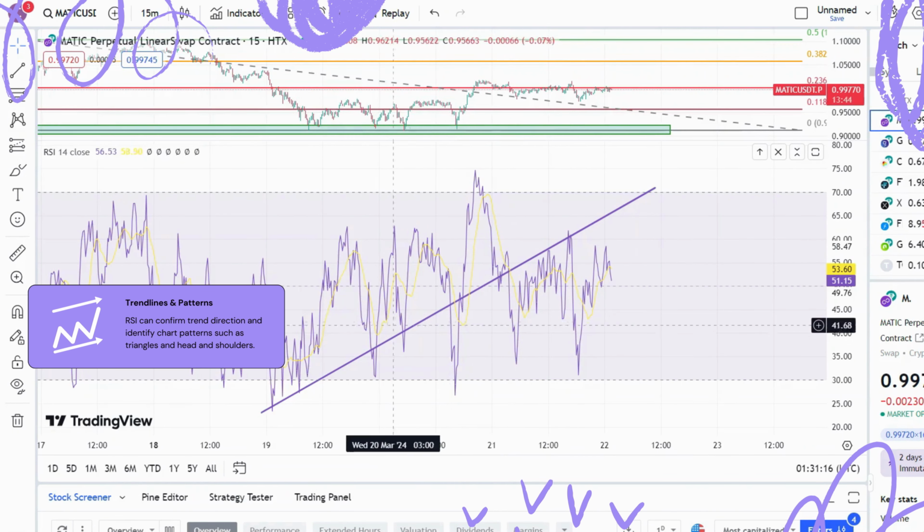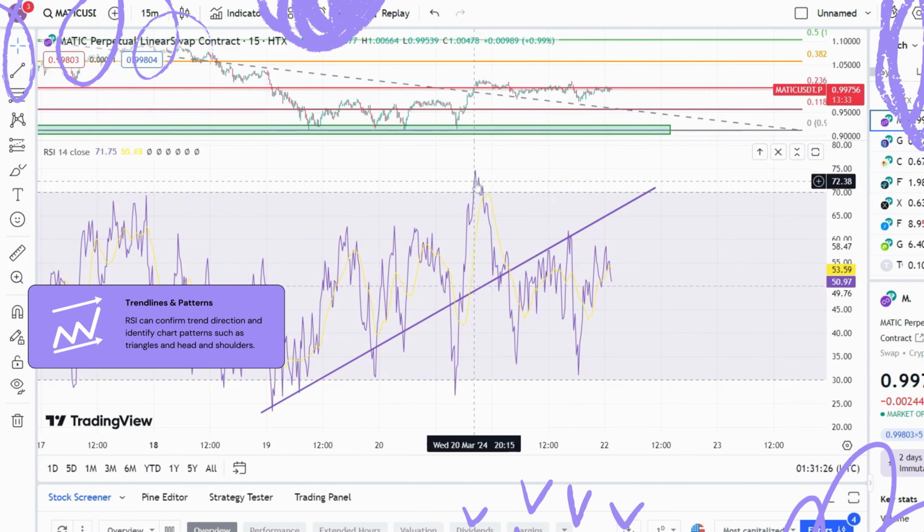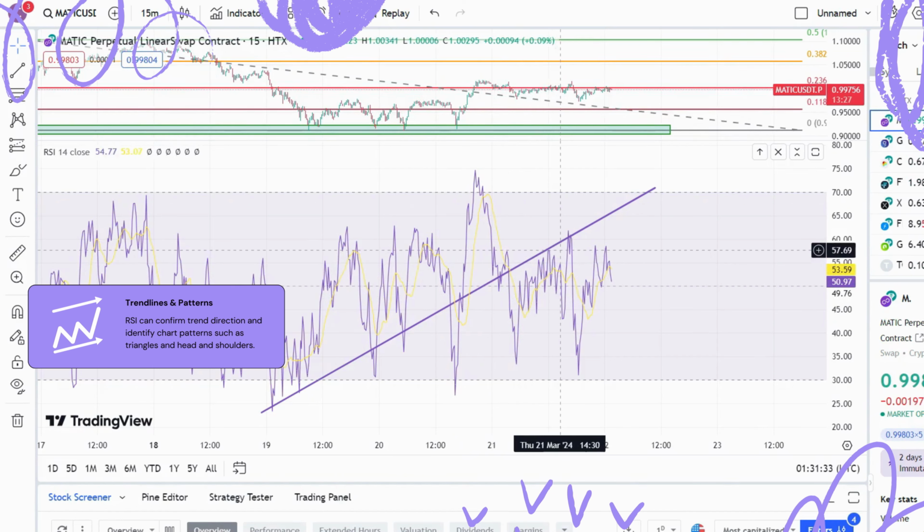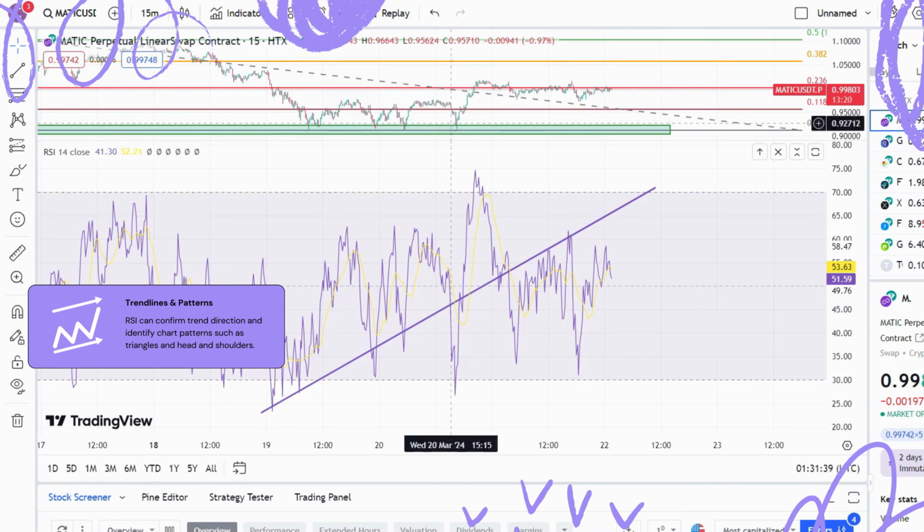So this is something really powerful in your trading. And so at first you'll notice that it is support where I'm noticing, okay, the price is going to come up, and it actually came up and it hit my take profit. And then now you'll notice that it's on the RSI, it is actually using the trend line as resistance. So I'm expecting the price to come down now from here.